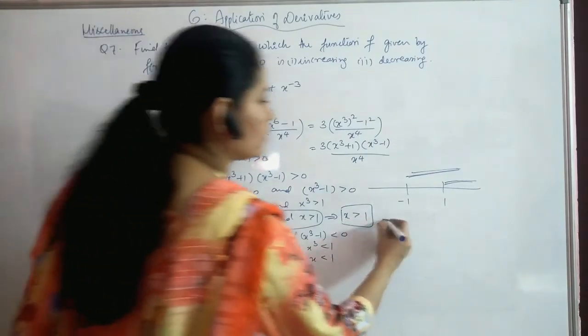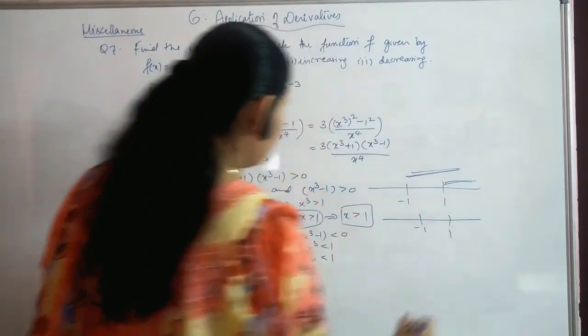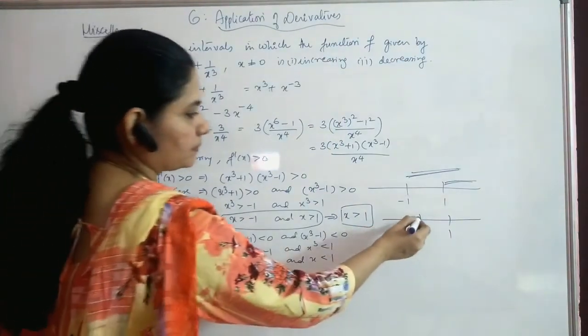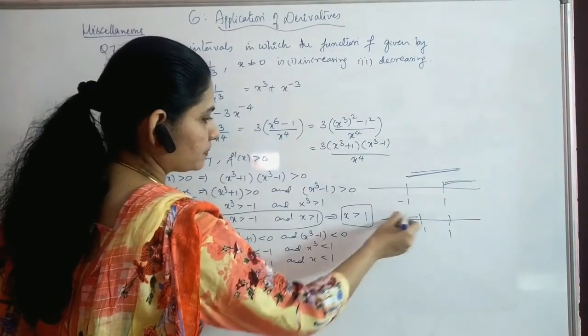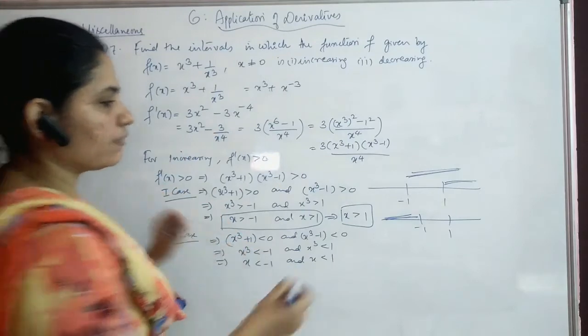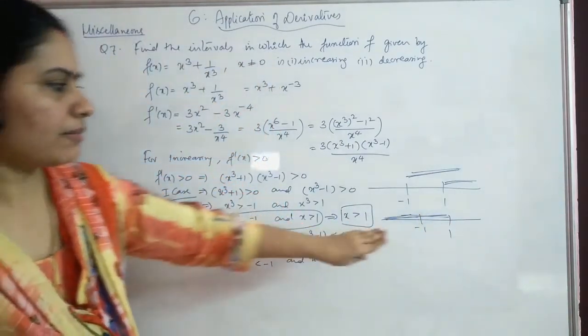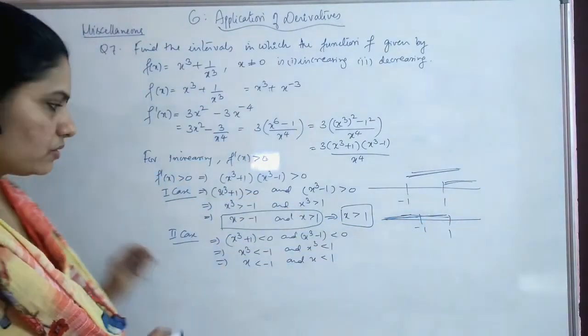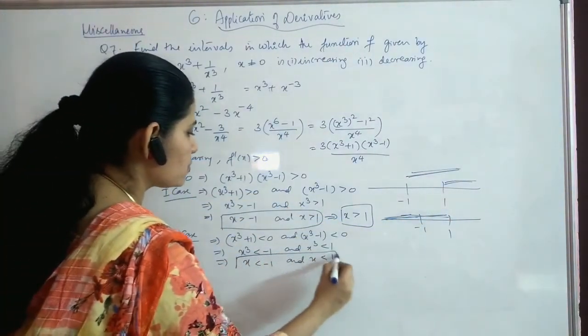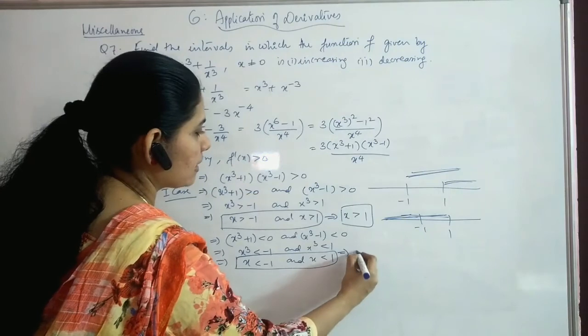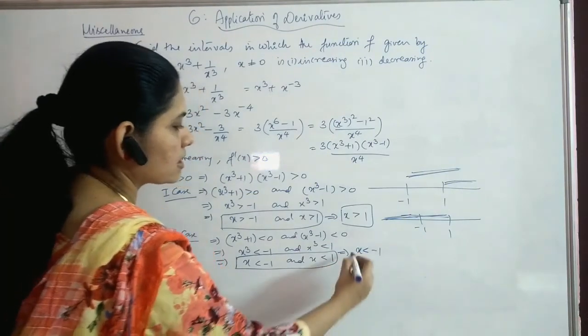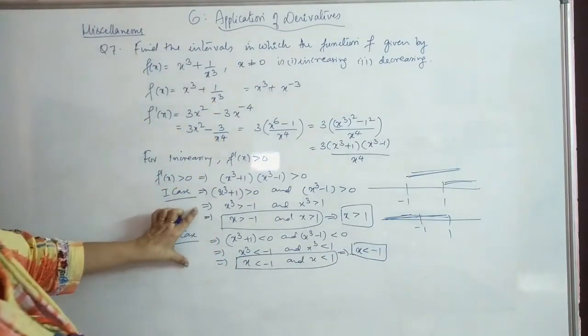Again on the number line, minus 1, 1: x is less than minus 1, and x is less than 1. If I say x is less than minus 1, it will be less than 1 also, right? So from these two, I am combining and writing x is less than minus 1. Understood this concept? This is clear?